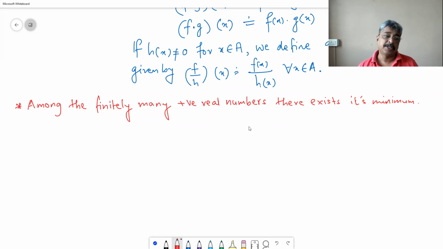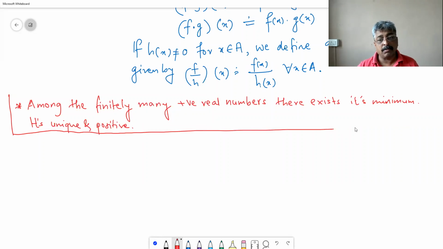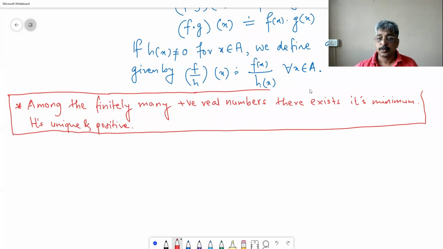When we said we will consider the minimum of delta 1, delta 2, we are assuming this. This is something which is true, but is being assumed in that proof. It will be mentioned there. Okay?